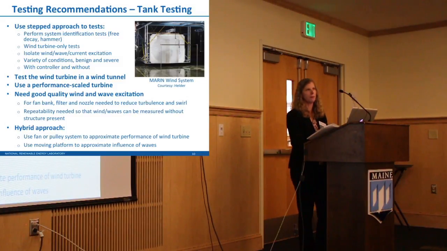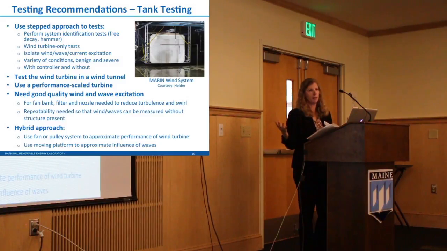And there's also a lot of people looking at hybrid approaches now. So we want to look at the coupled nature, but you can approximate the coupling by doing just part of the system and affecting the other part of the system in some manner. So a lot of people have started to use just the substructure and put a fan on top or a pulley system to approximate the performance of the wind turbine.